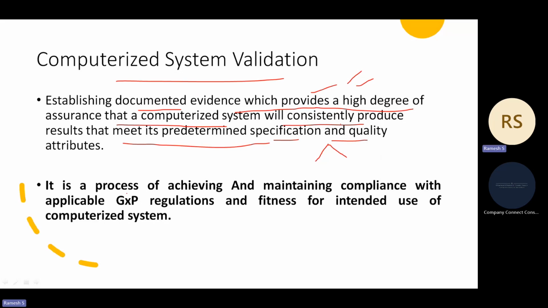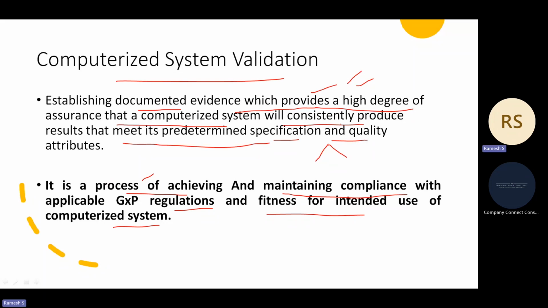And it's a process of achieving and maintaining compliance with applicable GXP regulations and fitness for intended use of a computerized system. So with validation, we are achieving compliance with regulatory agencies, and also verifying its fitness for intended use, because as per various regulatory agencies, required systems should be validated.